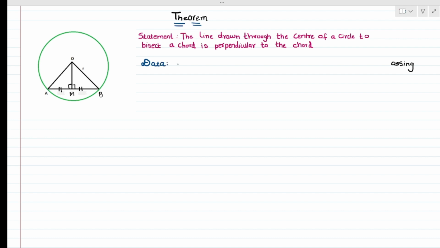Data means the things which are already given to us and which we can clearly see from the figure.